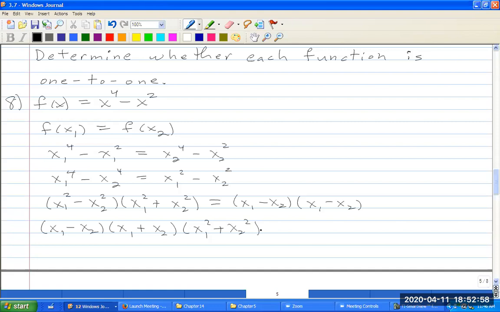Let's bring this to the other side of my equation. Why isn't it difference of squares? Okay, that was an error on my part. So I can actually factor out this.